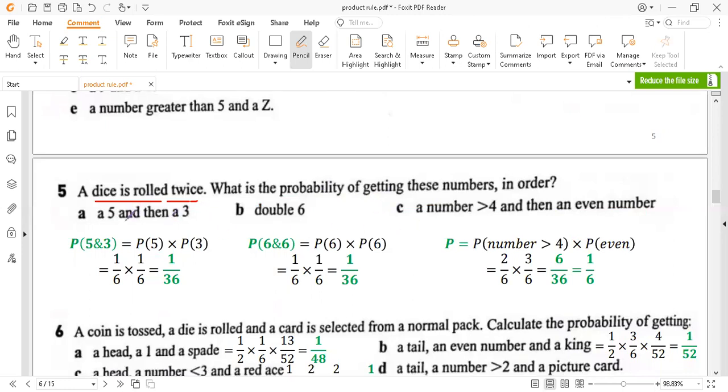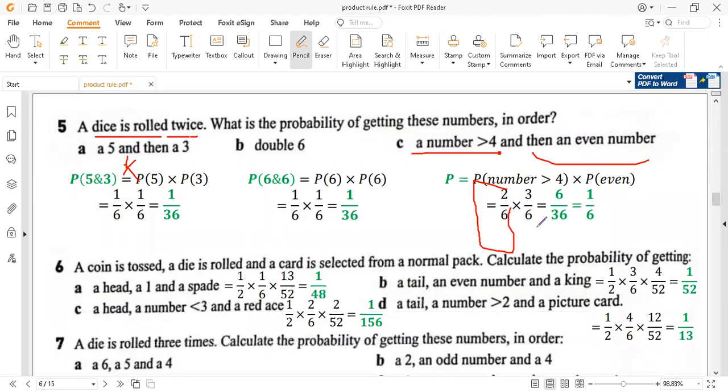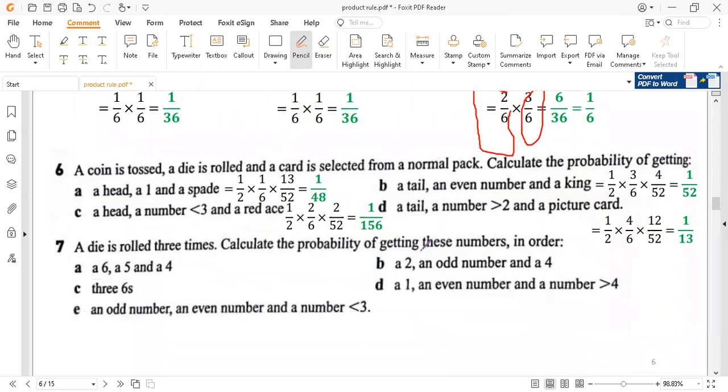So normally we can also use the product rule here. And we should keep in mind a number greater than 4 could be 5 or 6 only, so 2 from 6. And then an even number: the even numbers are 2, 4, and 6, so 3 from 6. So easy to complete by yourself.